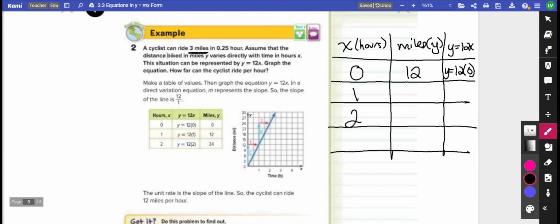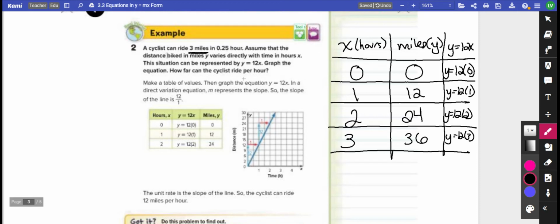Then when x is 1, y equals 12 times 1, which is 12. 1 hour, 12 miles. 2 hours, y equals 12 times 2, which is 24. If you had 3 hours, you would have y equals 12 times 3, which is 36 miles.